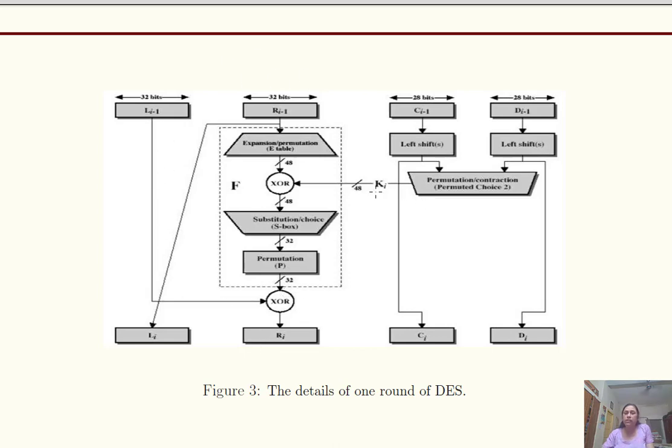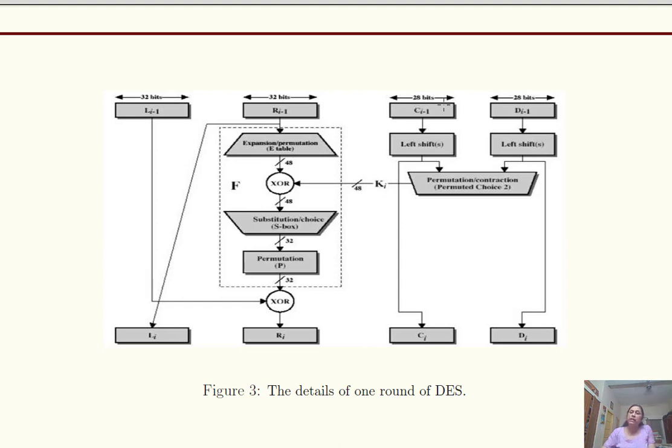Now how to generate the key? These keys are generated using circular left shift. That is essentially the rotor principle. Initially you have your initial key, which is 56-bit. From the 56-bit key you have to generate a 48-bit round key.